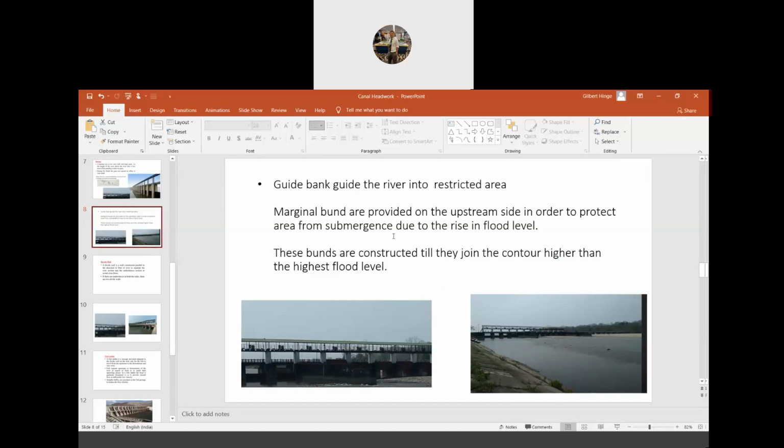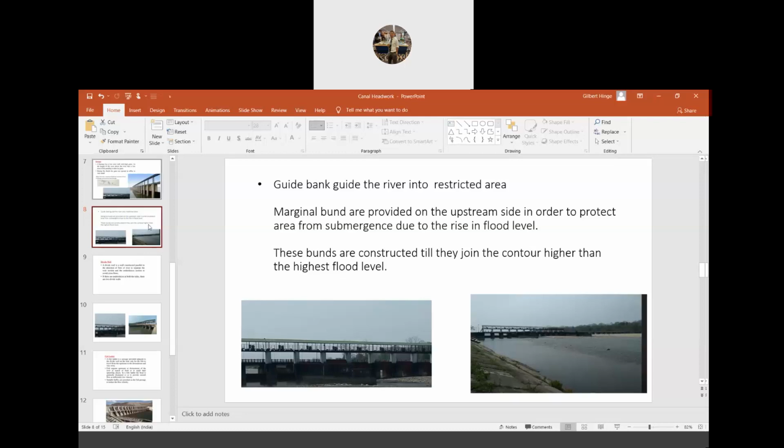These marginal bunds are constructed until they join the contour that has an elevation more than the highest flood level. So we can be sure that during the flood level this area will not be affected.